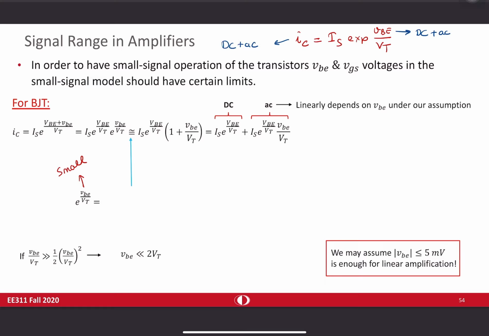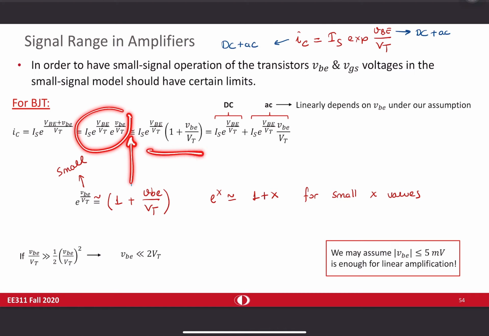e to the power VB divided by VT as approximately 1 plus VBE divided by VT. This is coming from e to the power x is approximately equal to 1 plus x for small x values. So by using this, I can write this thing in this form. Okay.